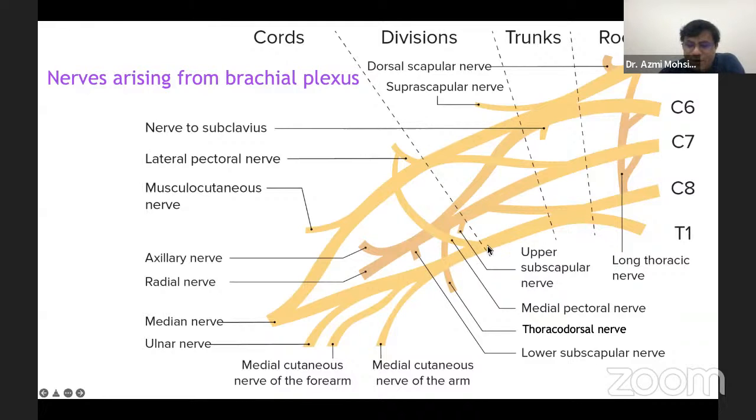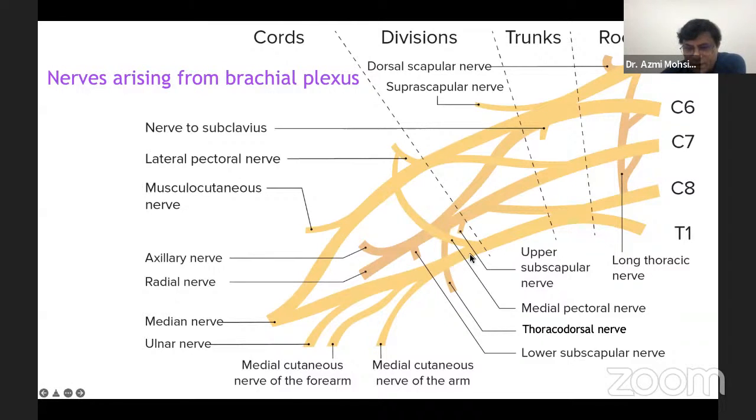This medial cord will give the medial pectoral nerve, which will also give a communicating branch to the lateral pectoral nerve. Remember this, both these nerves will supply pectoralis major and minor. And don't forget, if it's asked which nerve pierces the clavipectoral fascia, it's this lateral pectoral nerve which pierces the clavipectoral fascia.